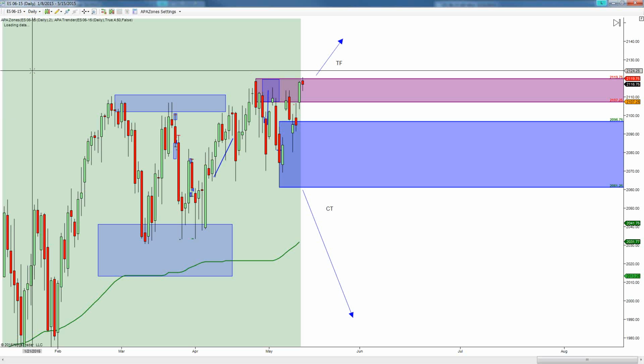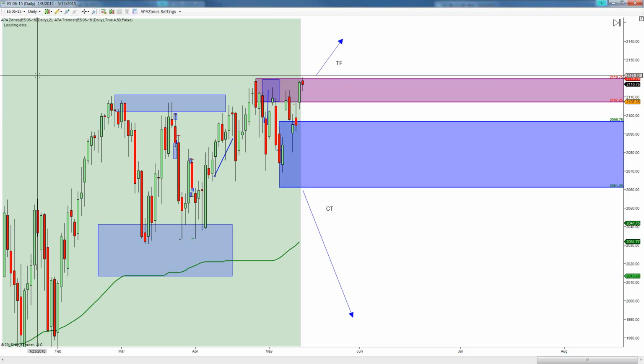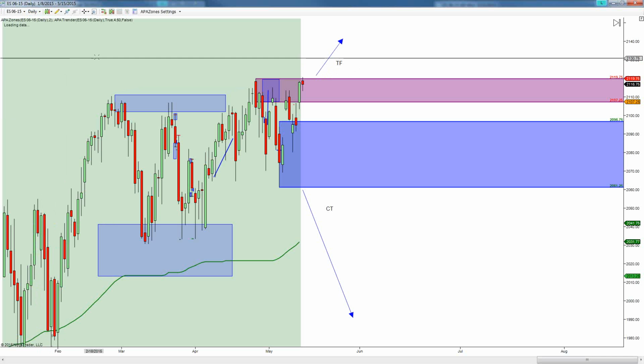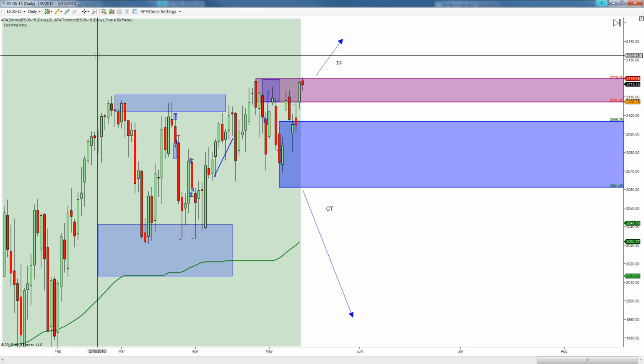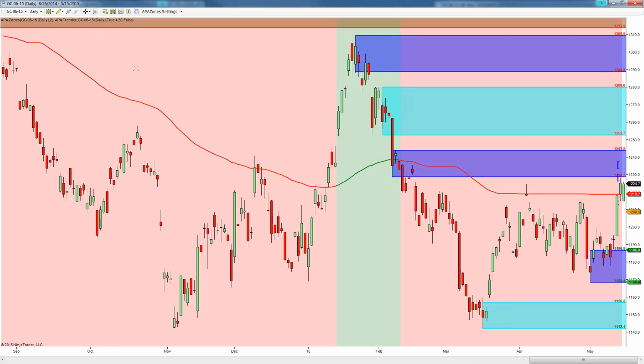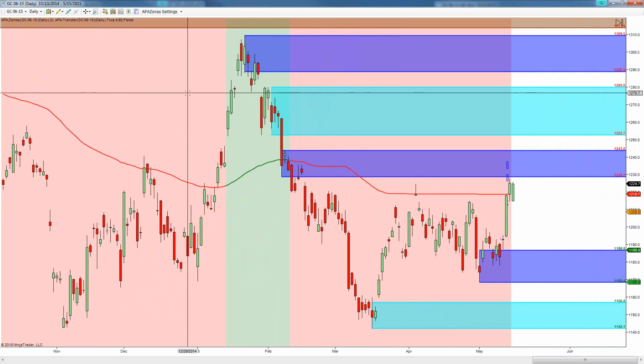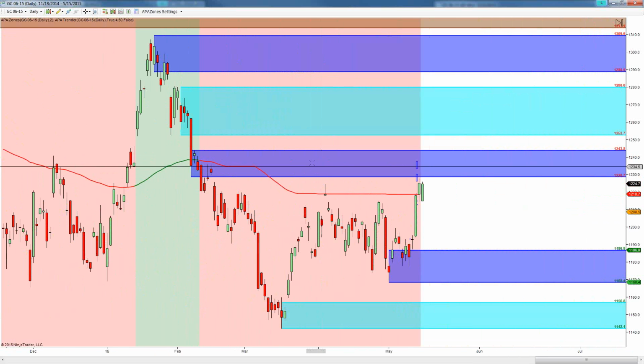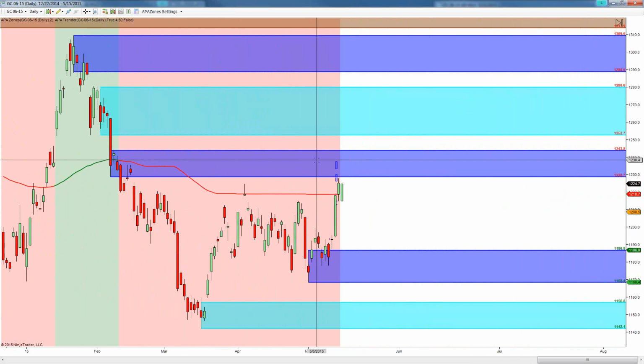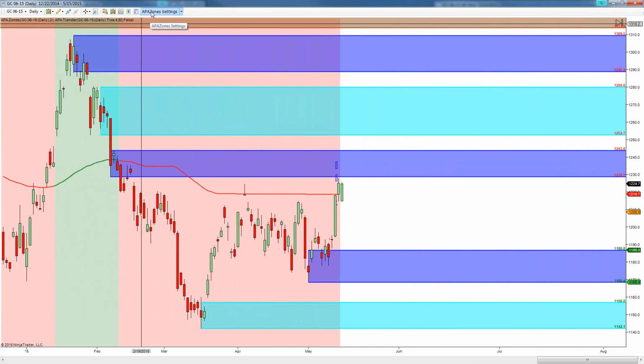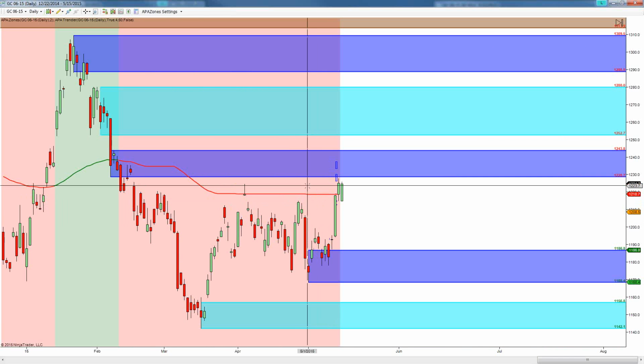Let's look at gold. Anybody here a big gold trader? I was hitting that range short, and then it broke out. Let's see here, the one here in gold?